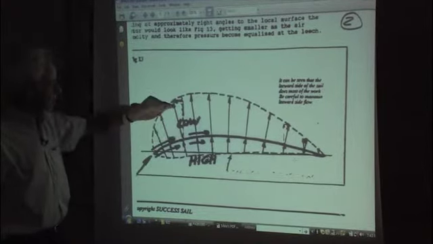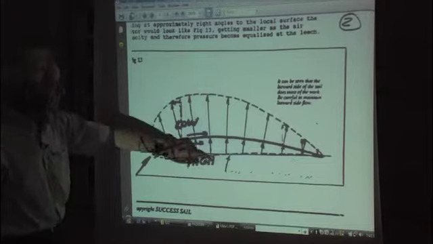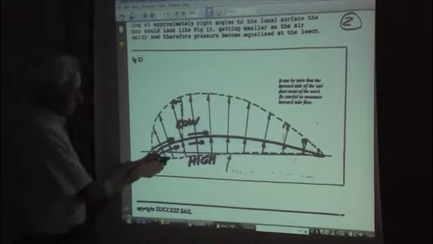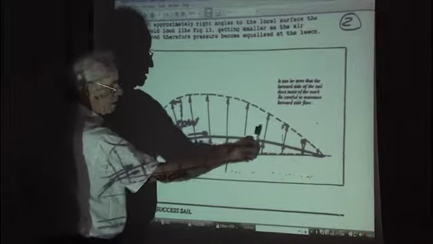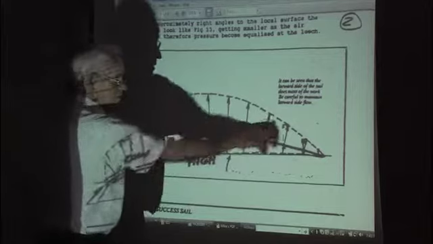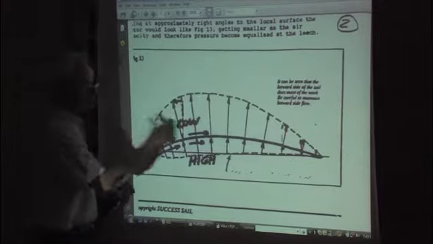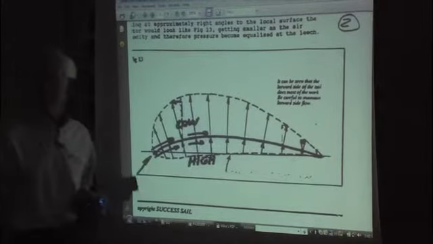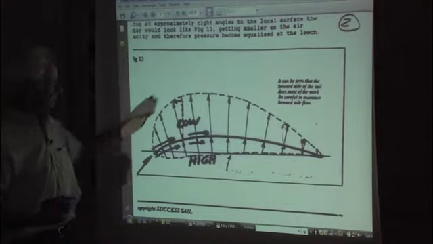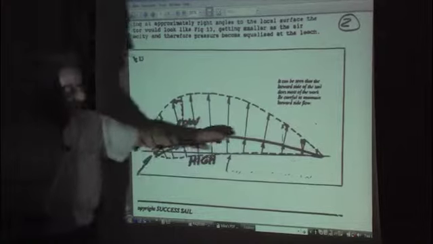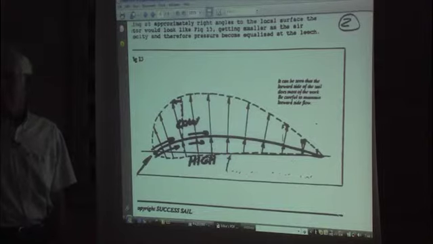You can see how big the low pressure forces are, and how as they get further aft, if this was the centreline of your boat, they get more and more square to the centreline. And when they get back here, they've actually got little aft components. Up here, the force is taking you forward. Back here, they're taking you backwards. So it tells you don't have the leech hooked up, don't have the traveller up above centreline, all that sort of thing.